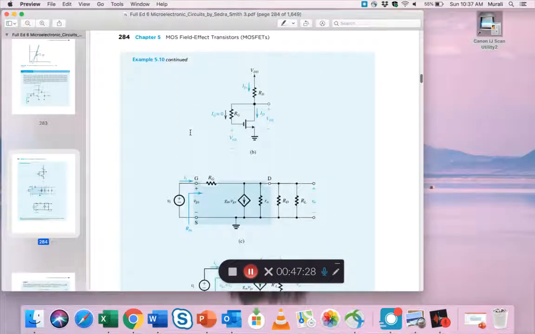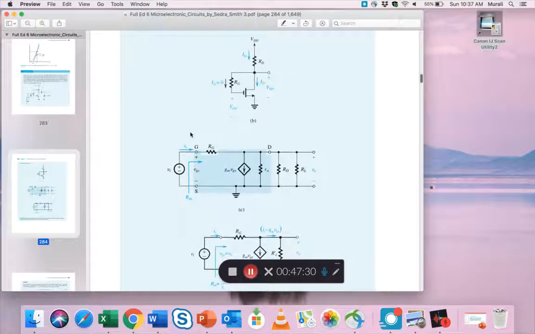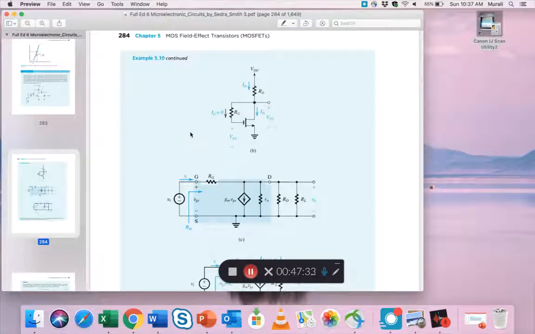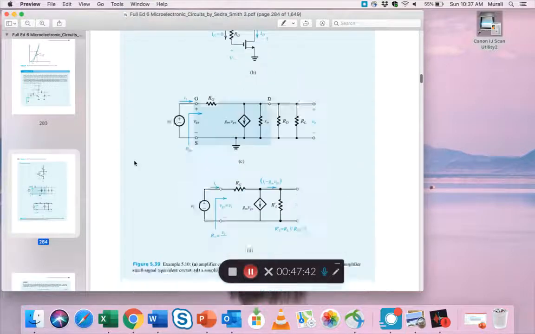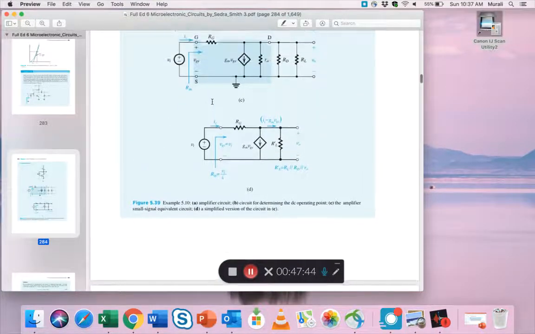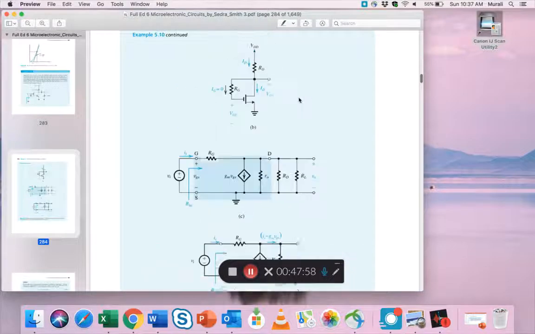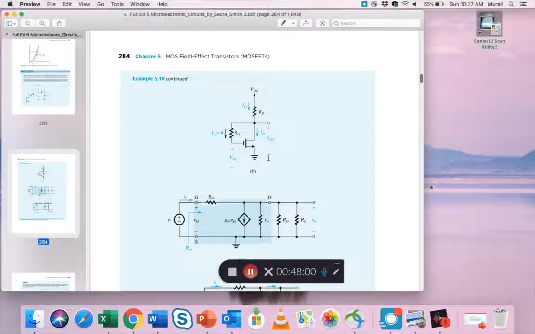So you see that he's already given us 3 drawings after the main circuit drawing. So that main circuit was part A, drawing A, then we have B, then we have C, and then we have D. So you can see how the answer will be evolving, right? How we'll come to the final step using B, C, and D. So A is the original amplifier, B is a circuit for determining only the DC point, the bias point.